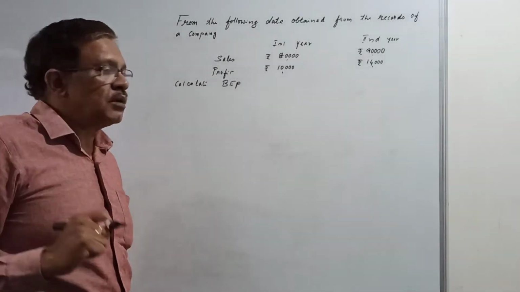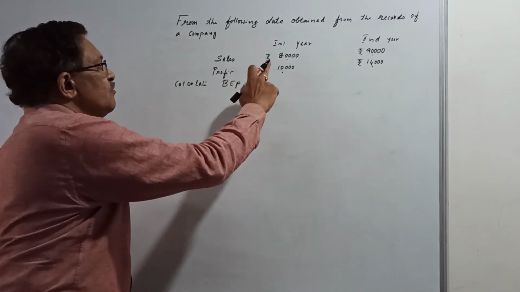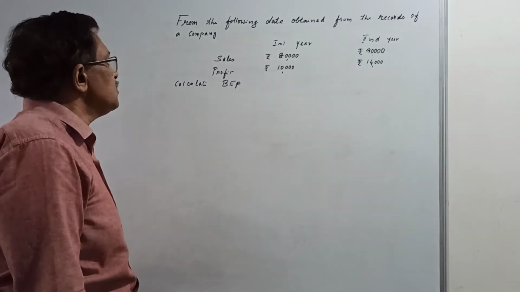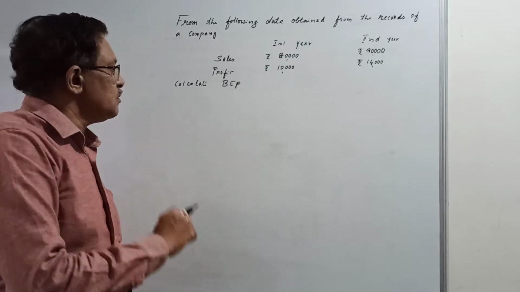Let us move on to the third problem, wherein he has given information with regard to the sales for 2 different years and also the profits for 2 different years. He is asking us to find out the break-even sales.